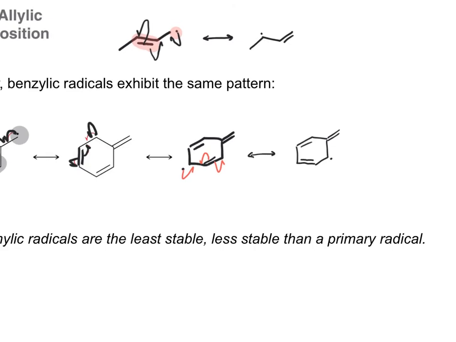Finally, we can do one more, where we take this electron and make half the bond here, this one makes the other half, and this one moves up here. We are left finally with where we started.